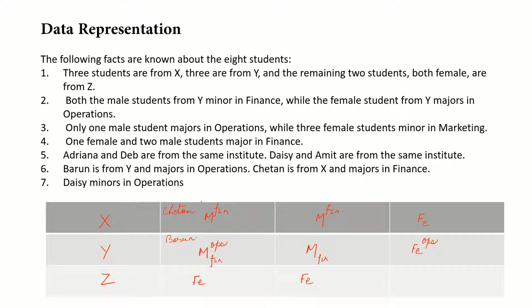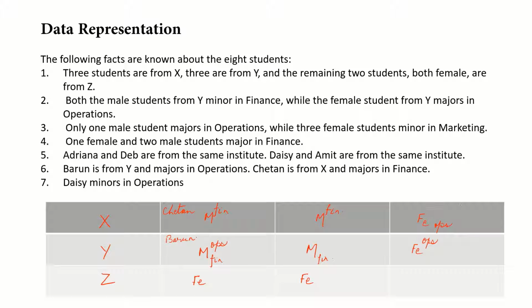Daisy minors in operations. Now, Daisy and Amit are from the same institute. So Daisy cannot be here because the female over here does a major in operations. So this has to be Daisy. If this is Daisy, Daisy is doing a minor in operations.